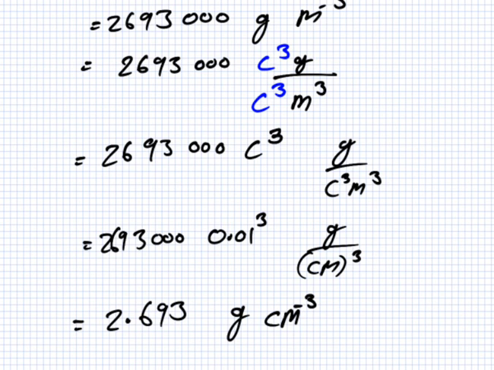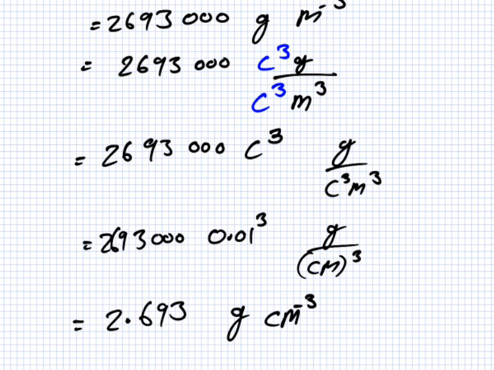Okay, so the next part, that was part A. So now part B, you want this in grams per centimeter cubed. So the question then really is, change this from kilograms per meter cubed into grams per centimeter cubed. So firstly, I'll pull out that kilo, it's 1,000 grams per meter cubed, so that would be 2693000 grams per meter cubed.